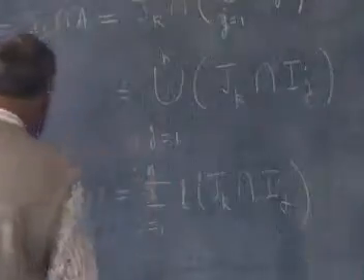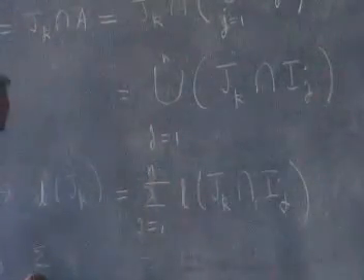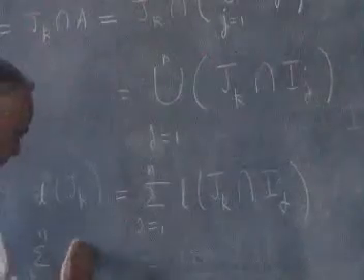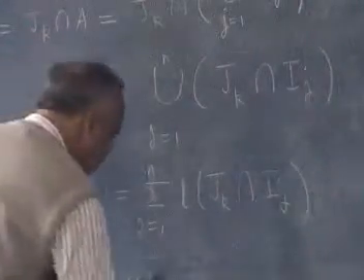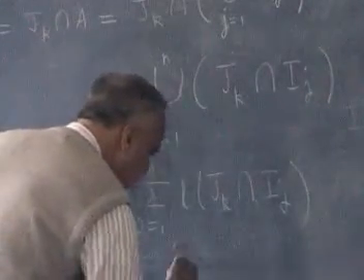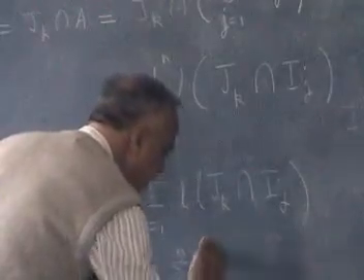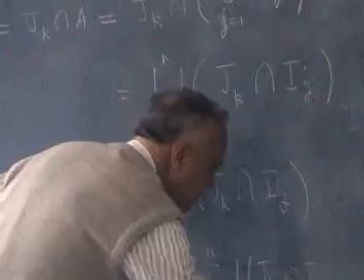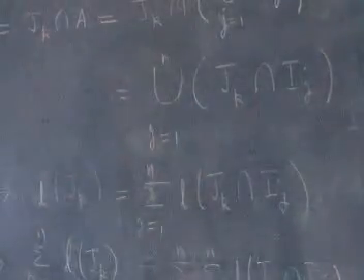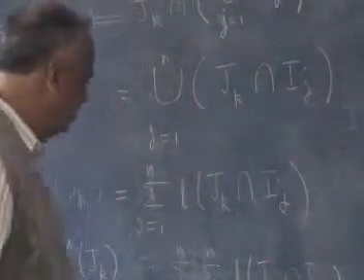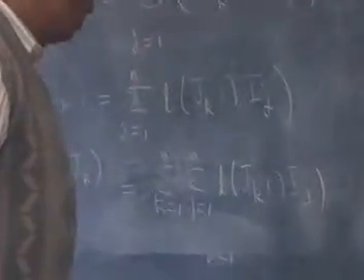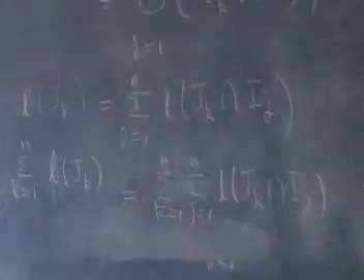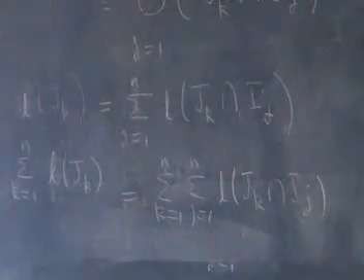Now therefore, the summation over k of L of Jk will be equal to the summation over k, summation over j, of L of Jk intersection Ij. Doubt: here you are saying because Ij are disjoint, Jk intersection Ij is also disjoint, and then you are using that.